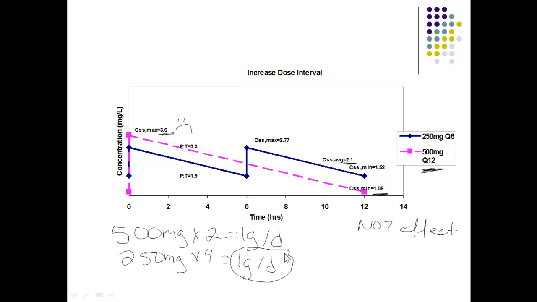So the total amount of medication has not changed. We're just changing how frequently they're getting it. And by doing so, we lower their Cmax, we increase their Cmin, but our CSS average has still not changed, which is very important to see here. But our peak to trough ratios have. And maybe this is a more desirable effect for our patient.